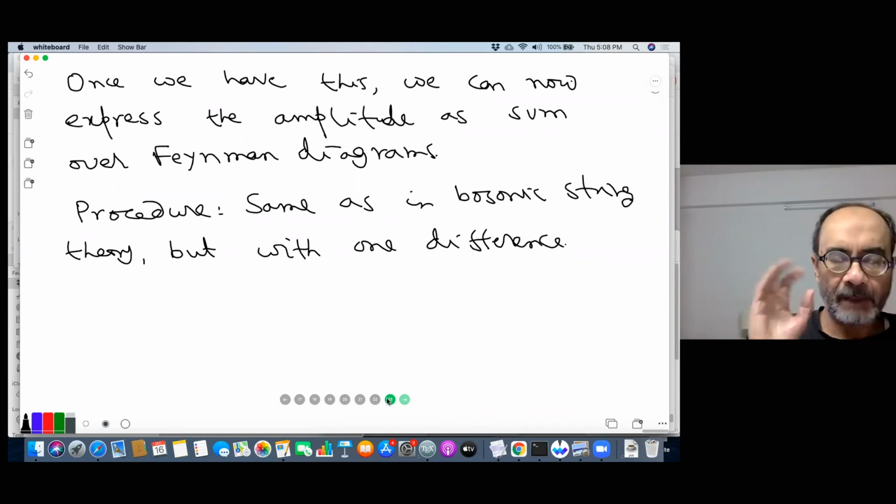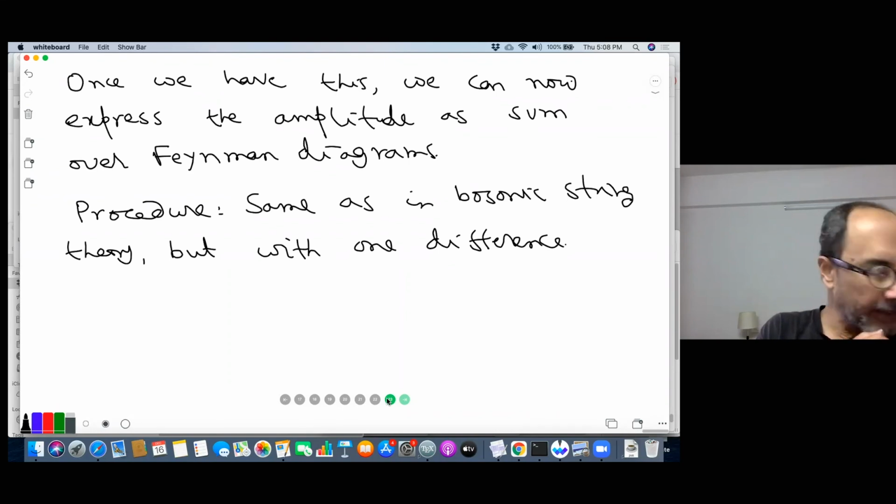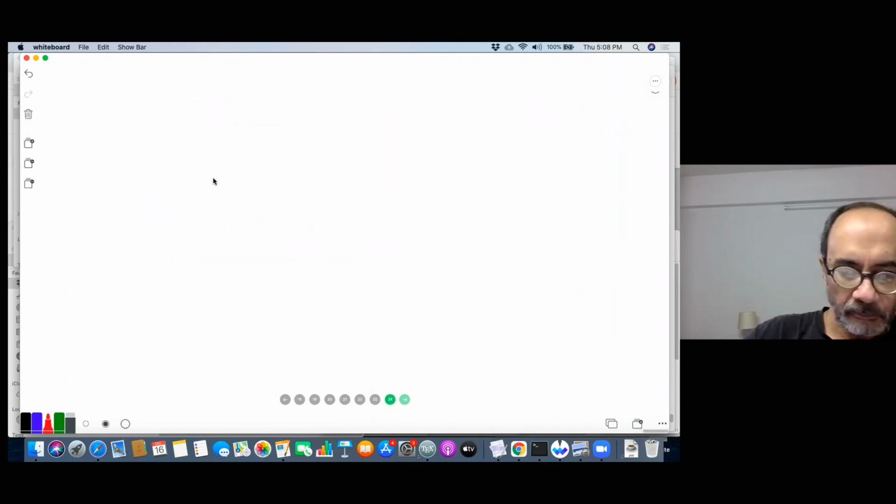Certainly we have some idea. It does work to some extent, but the full procedure has not been established from first principles. So let me explain what the difference is.